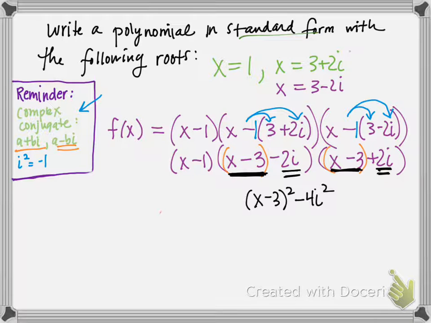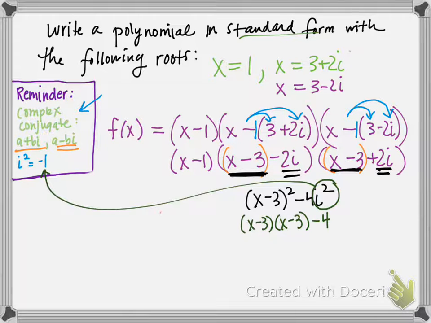So I'm going to continue to simplify this, and eventually I will still multiply it with the x minus 1. So x minus 3 squared is x minus 3 times x minus 3. And then I have -4, and instead of i squared, take a look. i squared is the same thing as -1. So let's plug in a -1 right here.